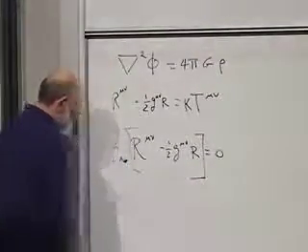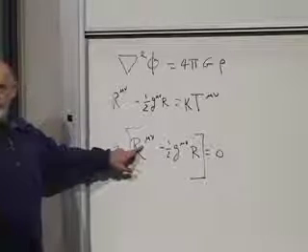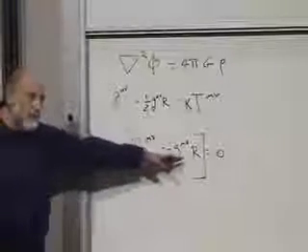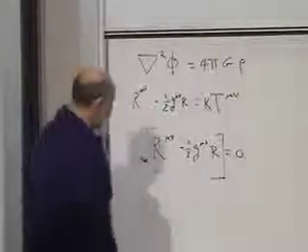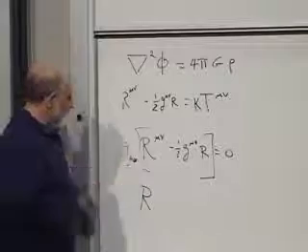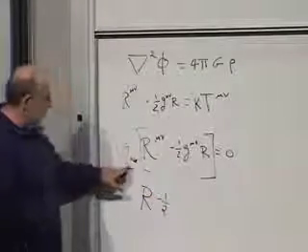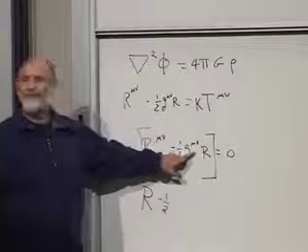What is the contraction of g mu nu with R mu nu? R, just the scalar R. So what this is then is R minus 1/2. And what is the contraction of g mu nu with g mu nu?